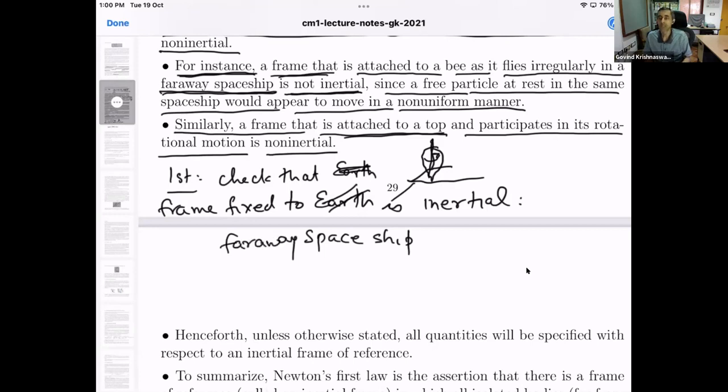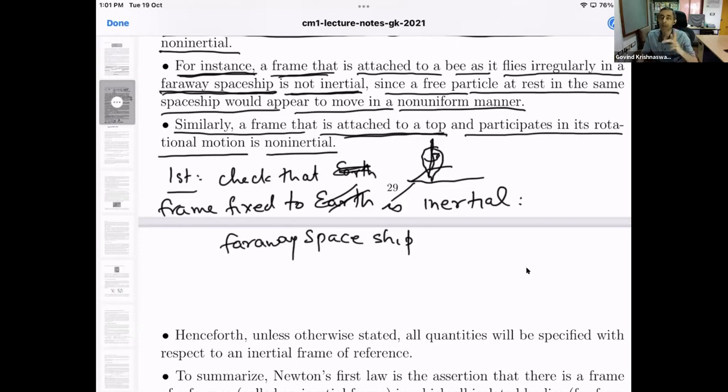Suppose we have checked that it is inertial. Now, in that spaceship, I put a little top, a toy top that is spinning, and now I fix my frame to that top. So as the top rotates, the frame itself will rotate along with the top. Now I watch things from that frame.